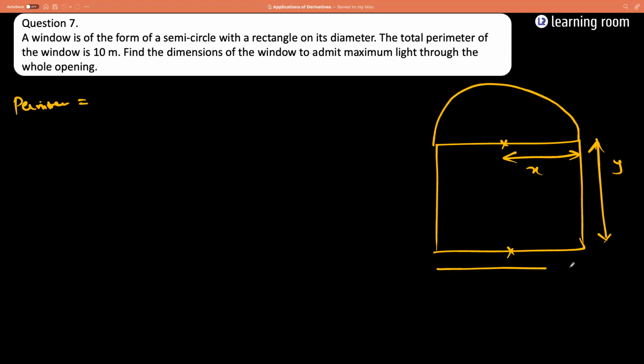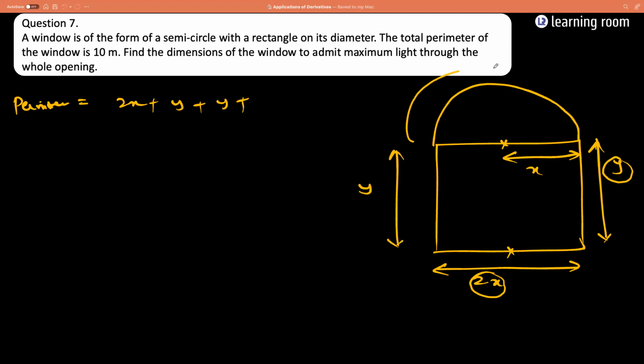If I take this to be the diameter, 2x plus this y plus this y plus the arc. What is going to be the arc? Pi x, no? So perimeter is going to be 2x plus 2y plus pi x.